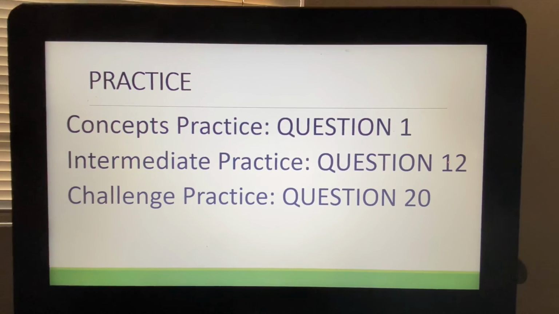If you feel like you're overwhelmed between questions 12 through 19, go back to question 1 and go from there, using your protractor. Discuss your reasoning with important vocabulary. The instructions are in your notebook.